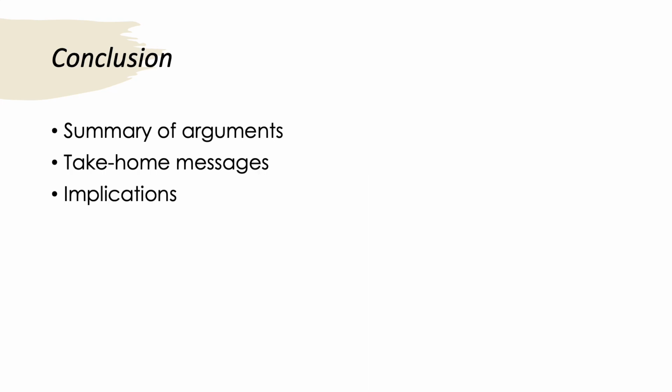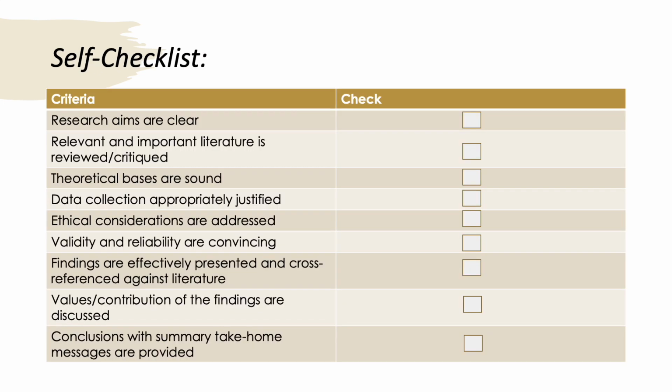And finally, we have a chapter on conclusion where you present a summary of arguments you made, which is a short one, and then some take-home messages, very important messages you want the reader to take home, to remember, and the implication.